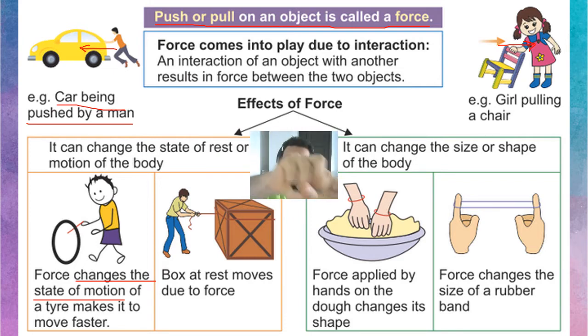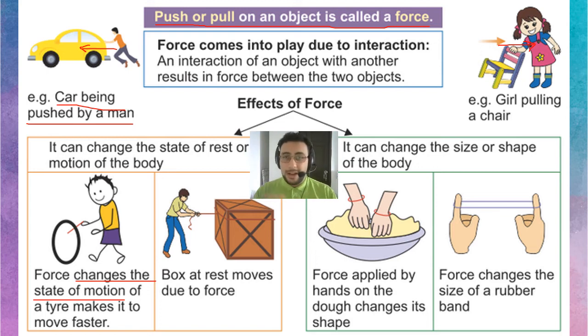I'm pushing it in like whoosh. That is called push. But pull is when you pull it towards yourself. For example, I have my phone here and I see it's coming towards me. So I am pulling my phone.